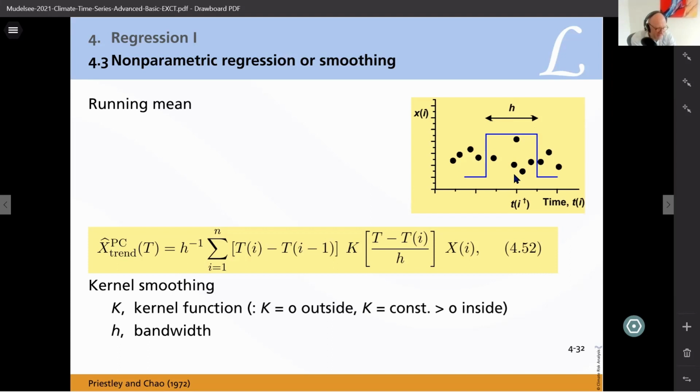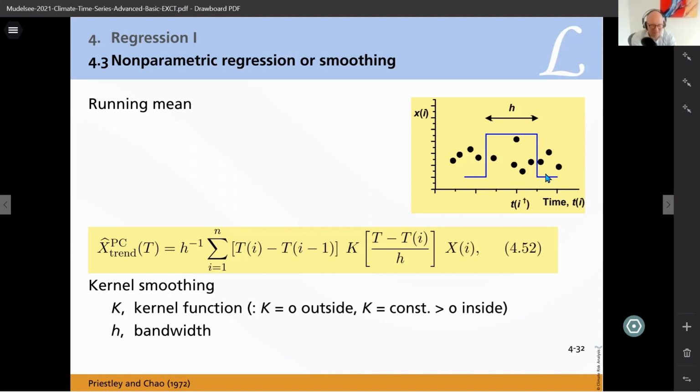And the central time point would show this mean value. Then the window is moved by 1. This point comes in, this goes. Then the mean is recalculated. And this goes then to the new central time point, and so on. So it's always the average over those here.